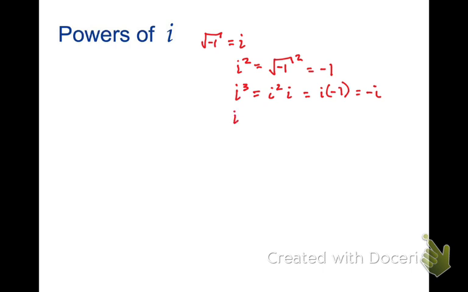Then I have i to the 4th, which would be i squared times i squared, which would be negative 1 times negative 1, which would be 1. So any power of i can be broken down to i, negative 1, negative i, or 1.